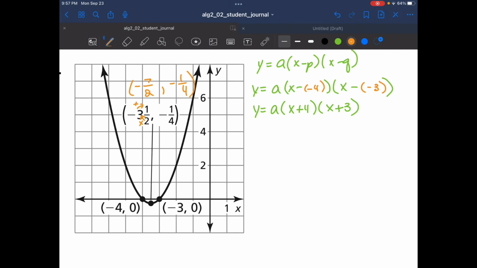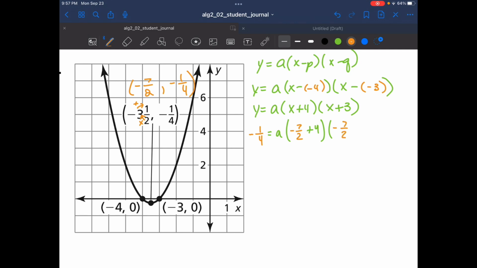Okay, we're going to plug our points in. So I'm going to plug this point in here, so negative 1/4 is equal to a times (negative 7 over 2 + 4)(negative 7 over 2 + 3).